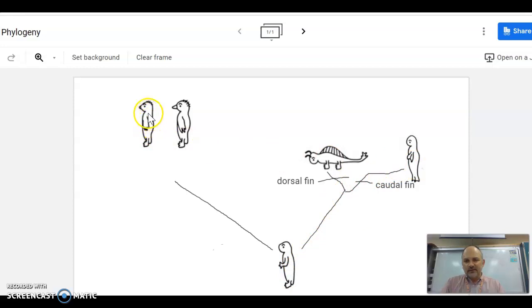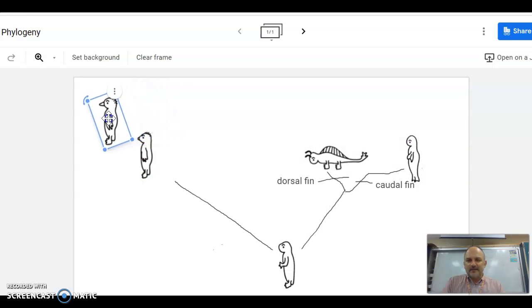Okay, last two. This one seems to have a nose, or maybe it's the beginnings of a beak, right? And this one has a beak. So maybe these are related to each other really closely. Maybe they don't really branch off of each other. Sometimes that happens too.